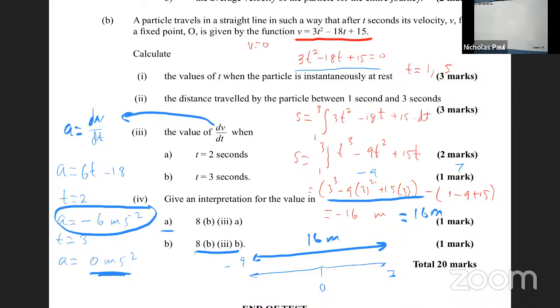How do you know that? Look back here. It's only at rest when t is 1 and t is 5. So we can ignore at rest. So the answer for B is that it's moving with a constant velocity when t is 3.